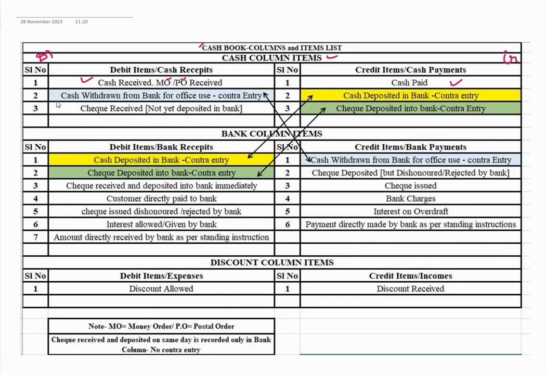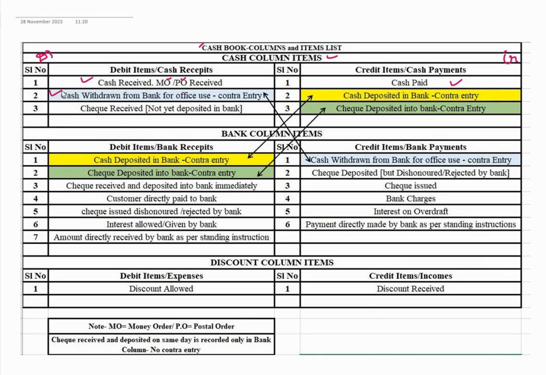Next, cash withdrawn from the bank for office use. We have to think here, when we are preparing a cash book, we can deposit cash in the bank. For example, I have 10,000 rupees in my hand and I have deposited that 10,000 rupees in the bank. So now what is left in my hand? No cash is left. But in the bank, cash is increasing, right?